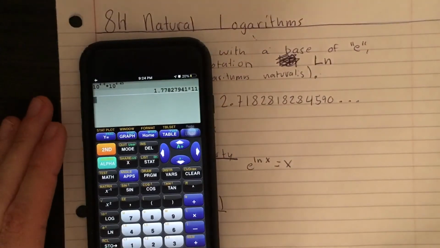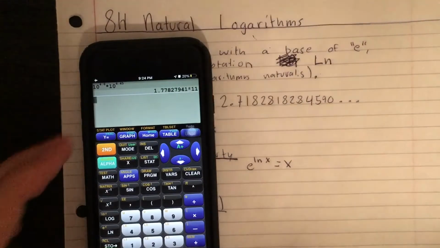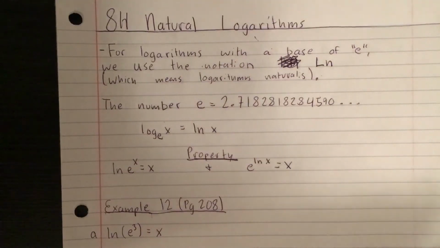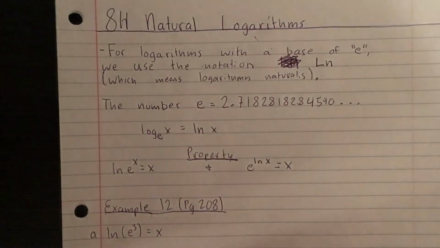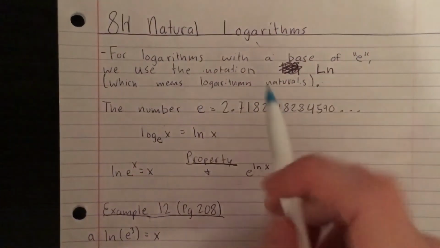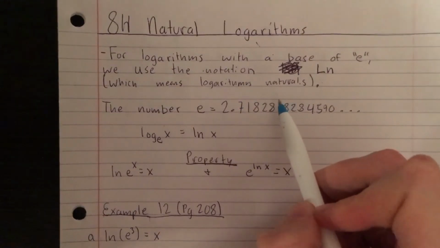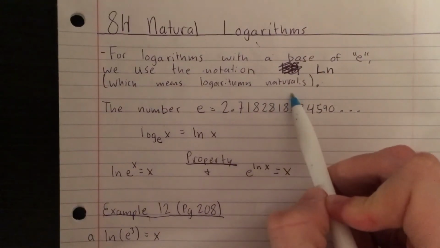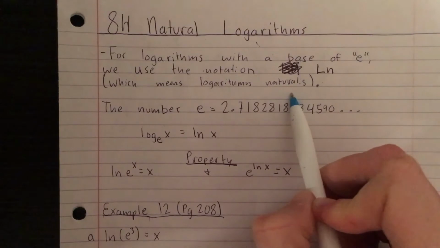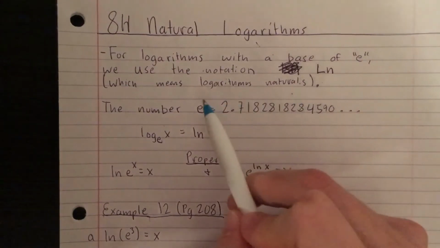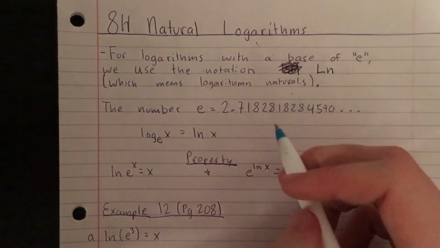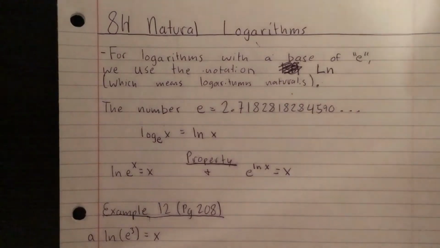And the answer is that the people who discovered the natural logarithm spoke Latin, and so they gave it the name Logarithmus naturalis, so ln. So whenever you hear me say ln or natural log, that's what I'm talking about. Or if I start speaking Latin, Logarithmus naturalis.